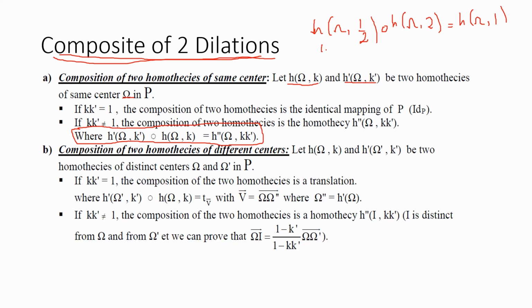And if I have H omega 2 round H omega 1 over 3, what is the composite? It is H omega 2 over 3. Professor, if K prime equals 1, do we write it? Not necessary. But write that K is different from 1.